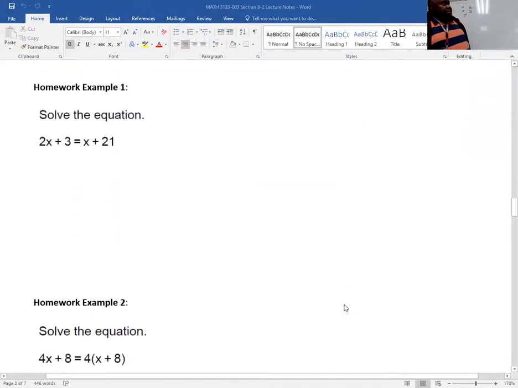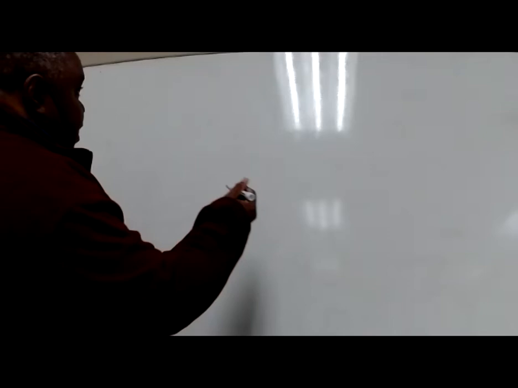All right, let's look at some examples here. We're going to use those properties of equality to solve equations, looking at various types of linear equations, like 2x plus 3 is equal to x plus 21.